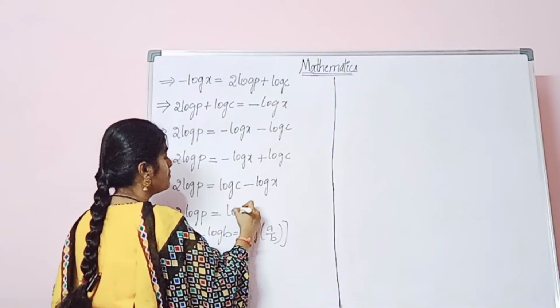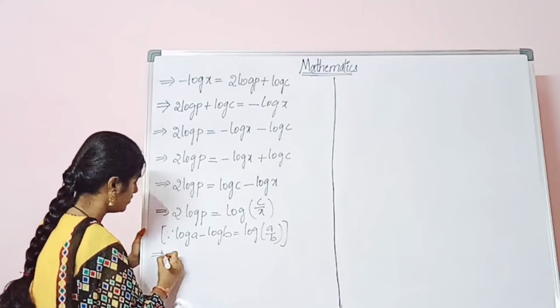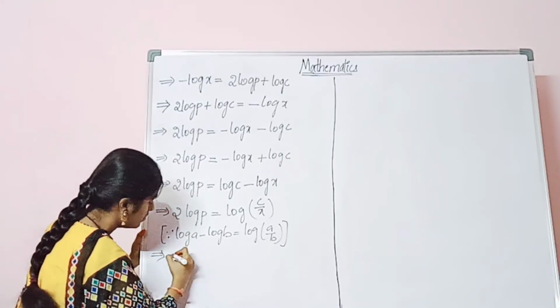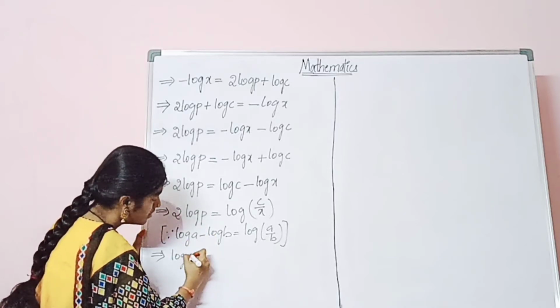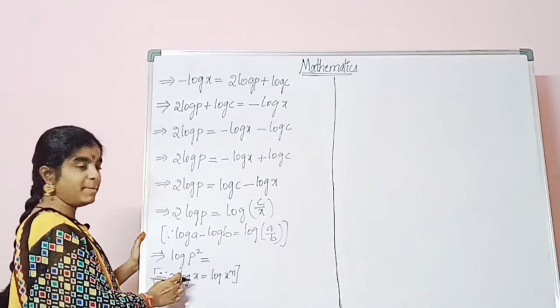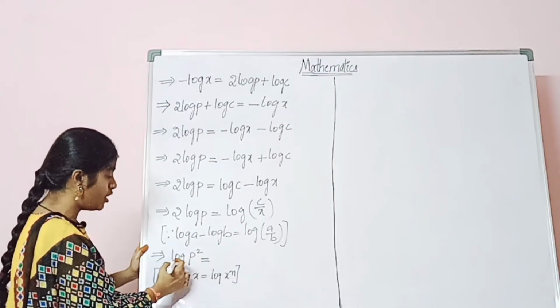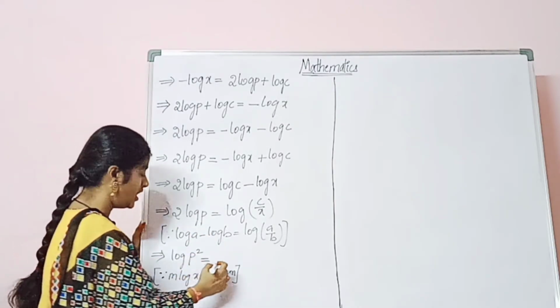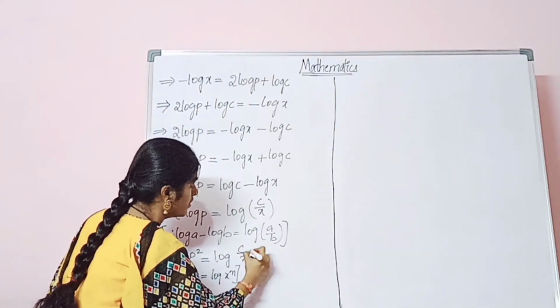So log c by x. Now this 2 goes this side, since m into log x equals log x power m. Here 2 log p means log p square equals log c by x as it is.